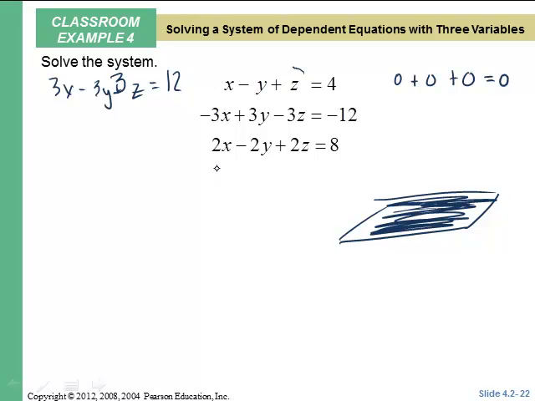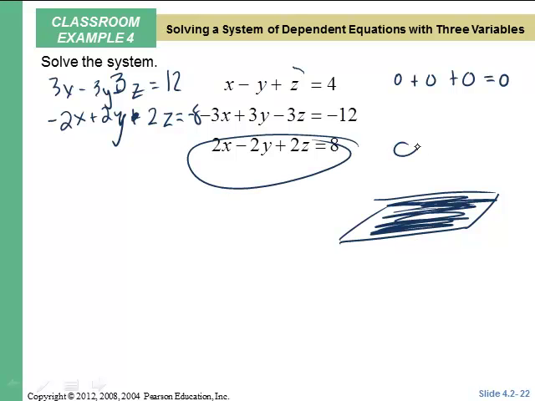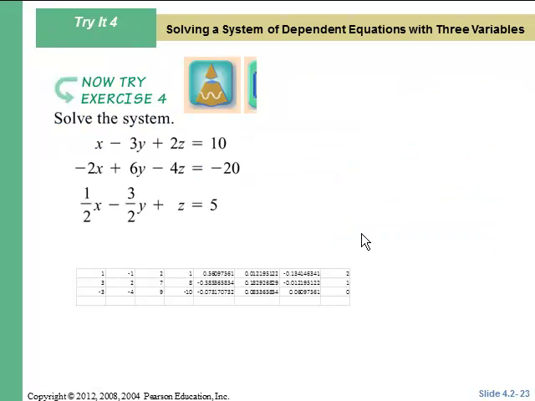And in fact, if you double the first one and make it negative, so it'd be negative 2x plus 2y, no, I'm sorry, minus 2z equals negative 8, and add it to the last equation, you would have 0 plus 0 plus 0 equals 0, and so actually all three of these have the same plane.